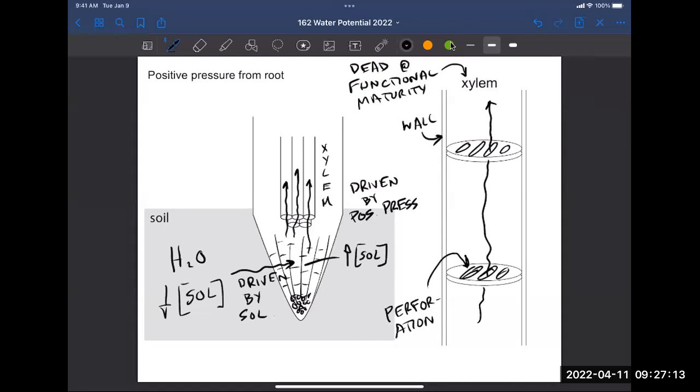Now as these cells are growing, they also have some regions where, sometimes, water has to get out of the xylem. And so there are little holes around here called pits. And again, these are formed when the cell is alive, and then when it dies, all that's left over is that cell wall. And so these pits are going to allow water to move out of the xylem at some points, and move into the xylem at other points.